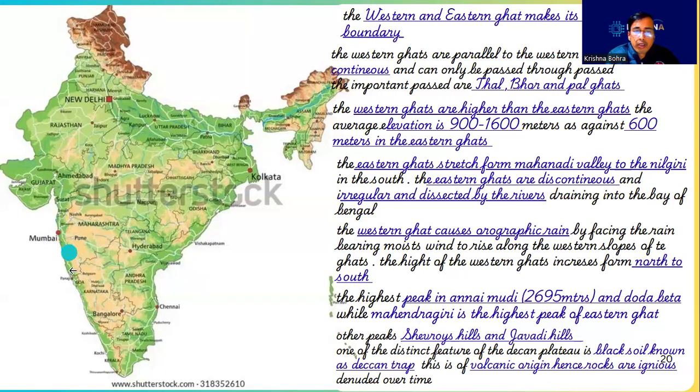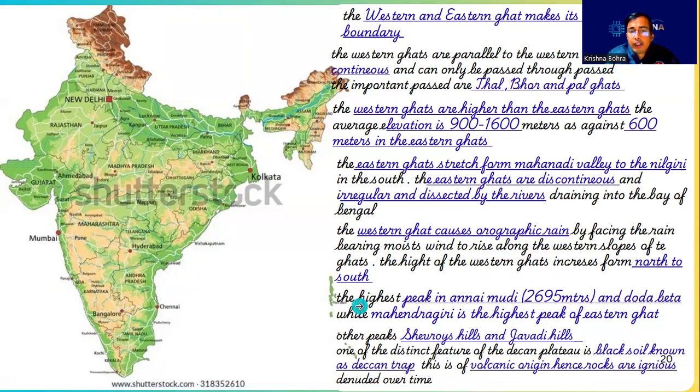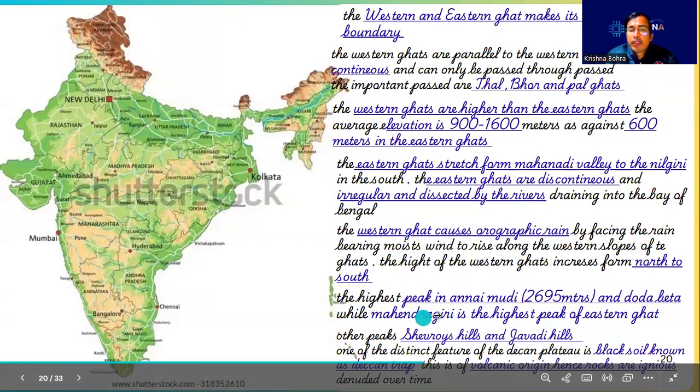So there is a big hindrance, or we can say obstacle, in the path of the southwest monsoon, that is the Western Ghats. Due to that, the Western Ghats are responsible for orographic type of rainfall. The highest peaks in the Western Ghats are Annamudi and Doddabetta, while Mahendragiri is the highest peak of the Eastern Ghats.